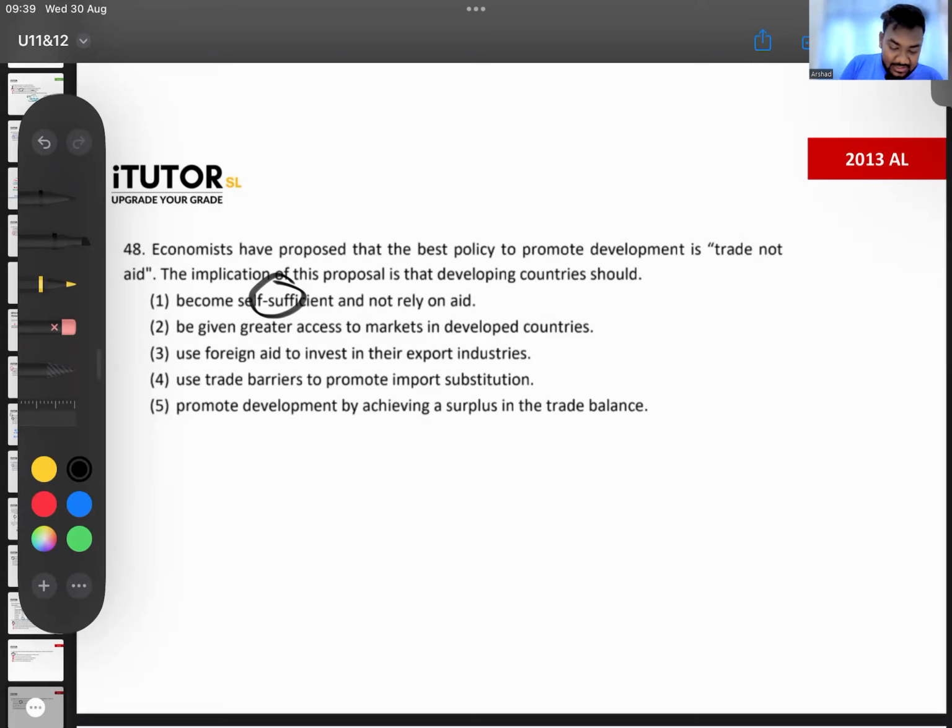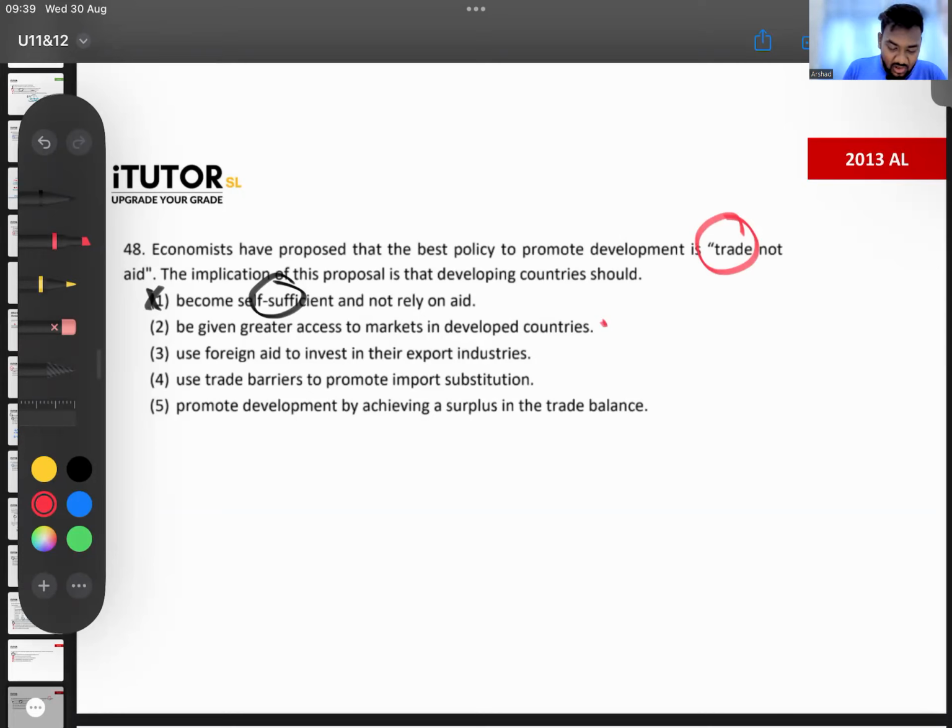Okay, right. Then, guys, be given greater access to markets in developed countries. What is this now? Greater access to markets. So that looks like trade. Okay, fine, right? Give greater access, go and sell goods in those countries. Okay, safe. We'll leave this. Use foreign aid to invest in export industries.